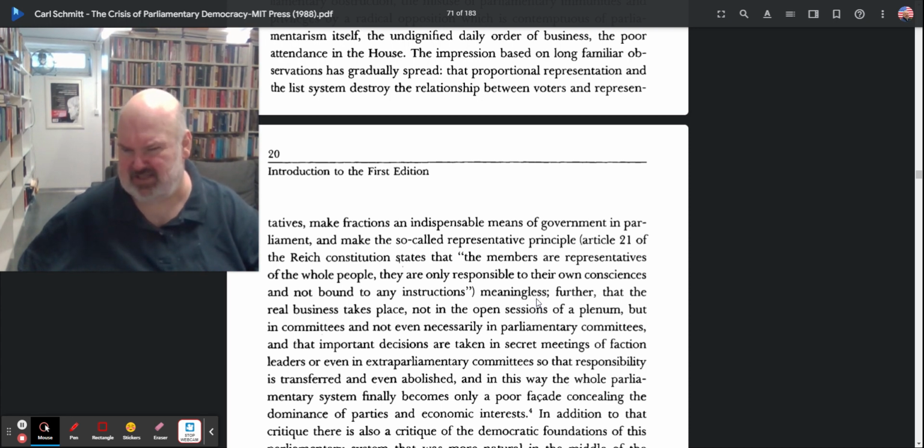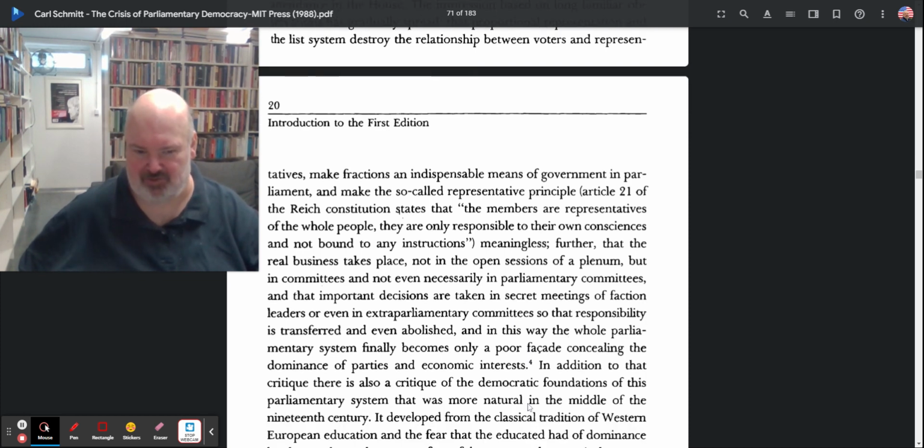It's a facade. The reality is everything he says here: the real power is not only in committees, but also in private committees, in interest groups. This is the sad reality of parliamentary structures in this pluralist model, that it becomes a facade of where the real power lies.